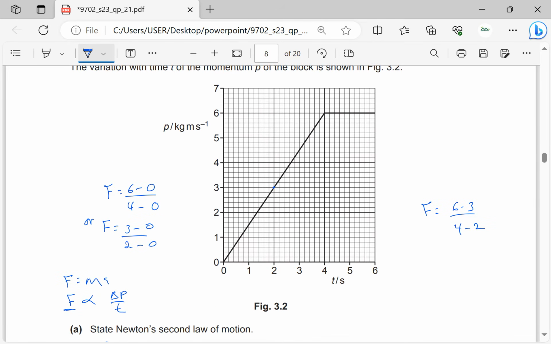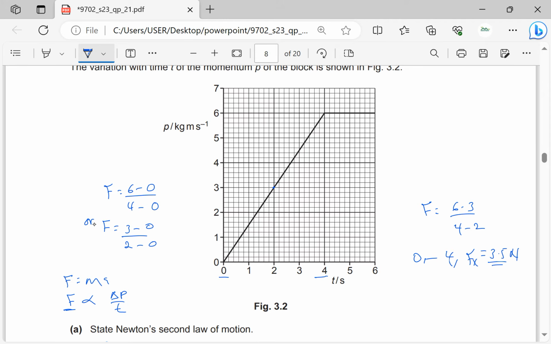We have already seen that from t equals 0 to t equals 4, force X is equal to 3.5 newtons, because the resultant force is constant, so the force X is going to remain constant at 3.5 newtons.